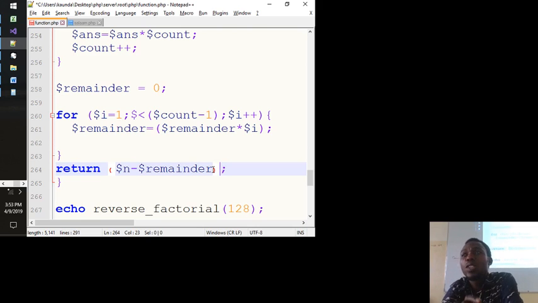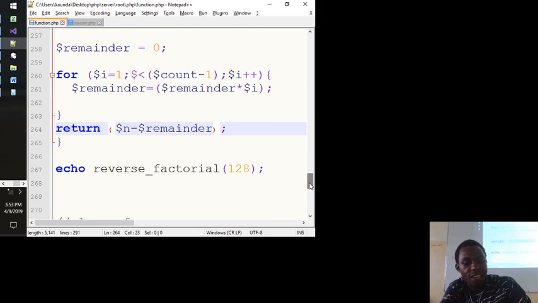Let's say you are given 128, you've worked and gotten 5 as the factorial for 120, and then the remainder will be 8. So this code is supposed to give us 8. Let's test it and see.